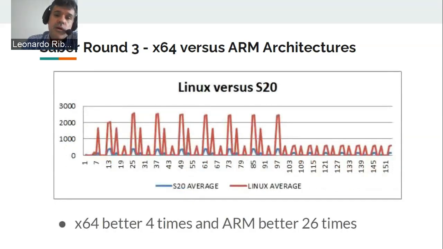And for ARM and for round 3 code, we also found that Linux had worse performance compared to S20, but the S20 had better performance times compared to round 3 tests on Saber.